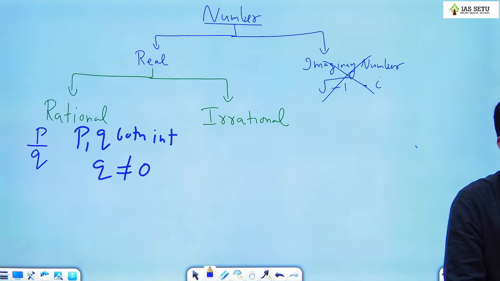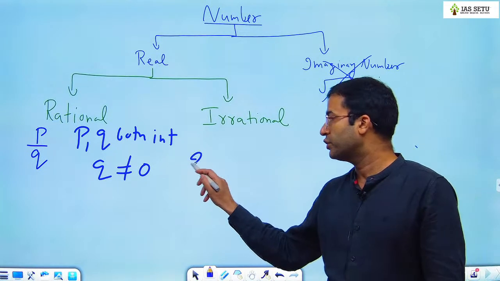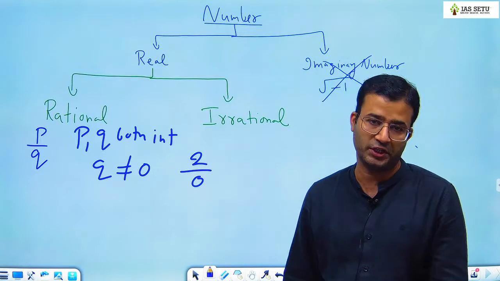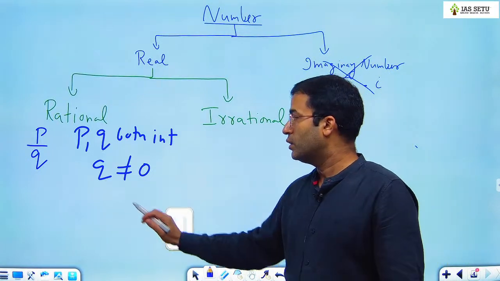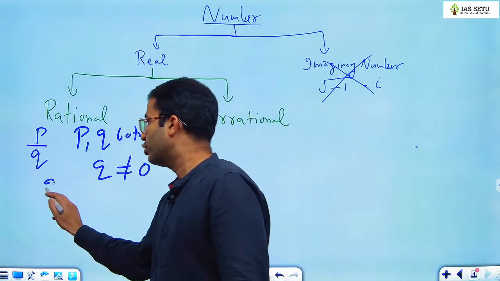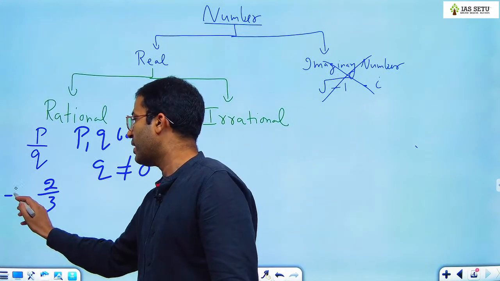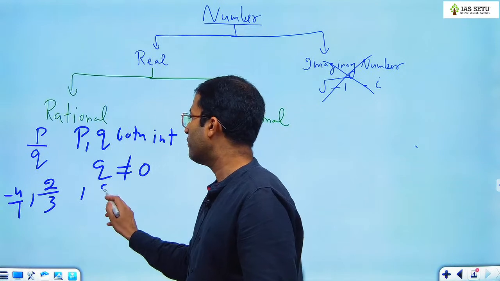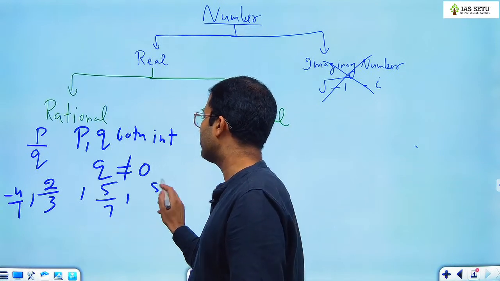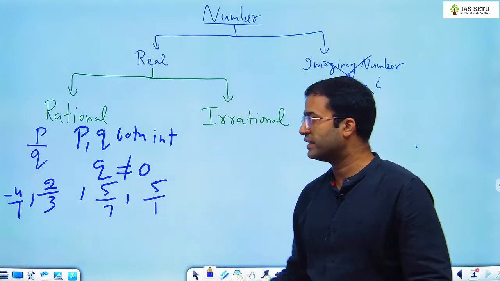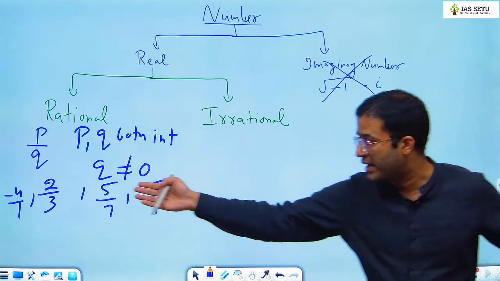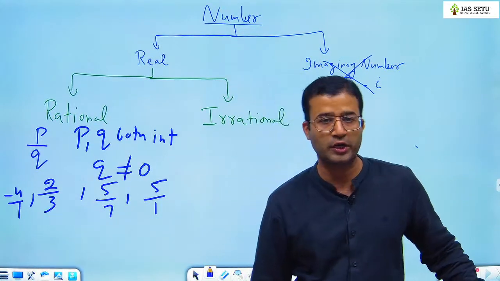The moment Q is 0, what does it become? Infinity. 2 by 0, 3 by 0, these are infinity. So examples like 2 by 3, minus 4 by 1, 5 by 7, 5 by 1. All these are examples of rational numbers. Even minus 4 upon 1 is also a rational number.